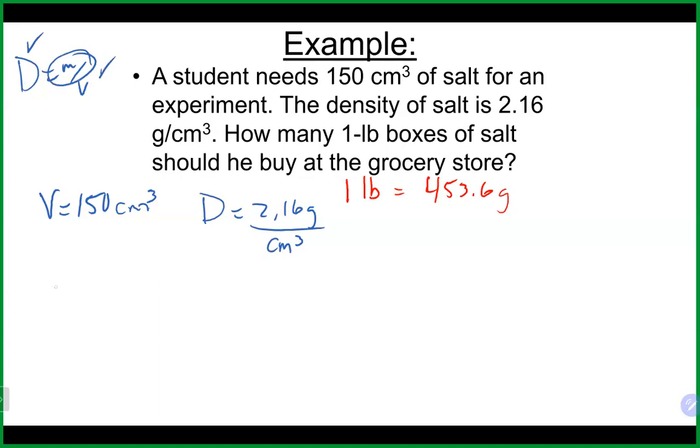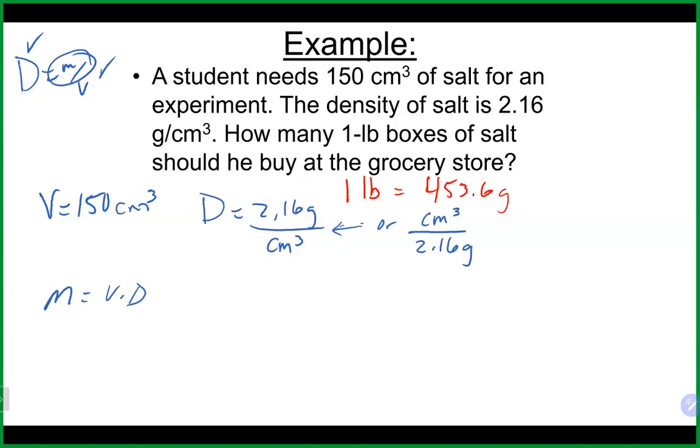Rearranging that equation, mass would be volume times the density. When we have something like density, we can also use it as a conversion factor. So we could use it as 2.16 grams per cubic centimeter, or if we needed to in dimensional analysis, we could flip this around and use it in the opposite direction.